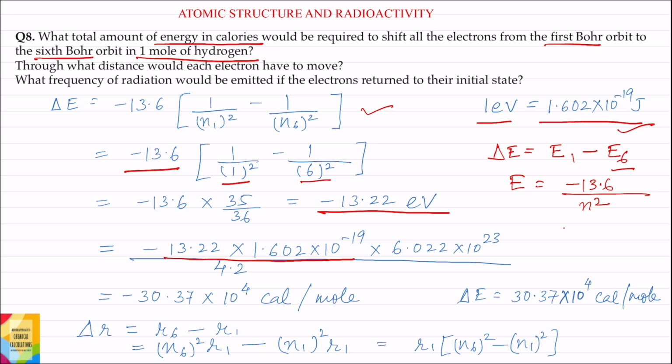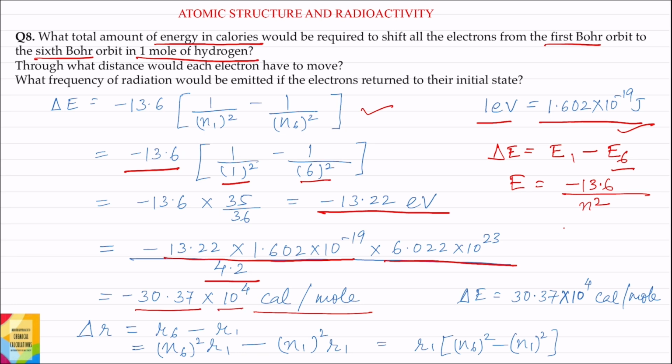Multiplying this with 6.022 into 10 to the power 23 will give the energy of electrons of 1 mole of hydrogen atoms. But this value is in joules per mole, so we will divide it by 4.2 and we get the value of energy in calories per mole, which is equal to minus 30.37 into 10 to the power 4 calories per mole.